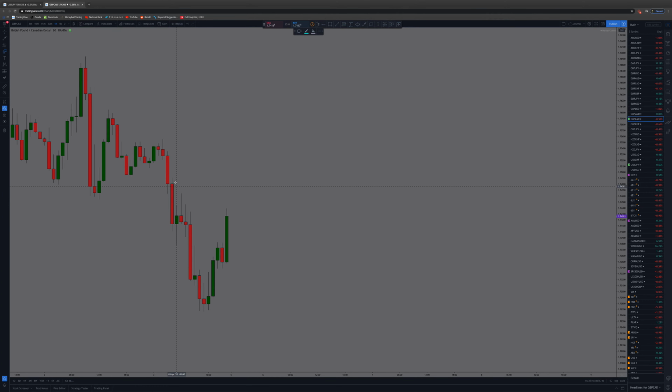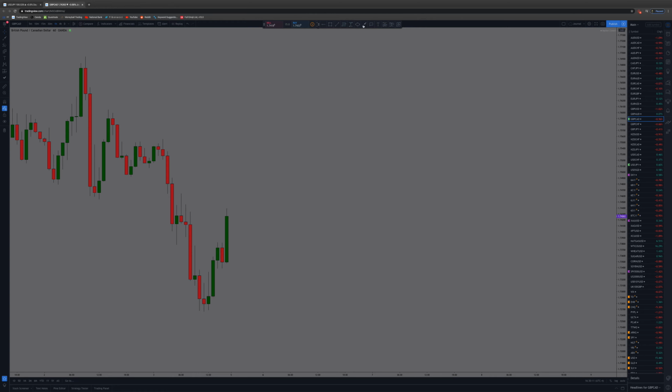Okay, sorry about that. So price dropped, it based, and then it rallied, right? So that is an example of a drop base rally demand zone, which is one type of demand zone.